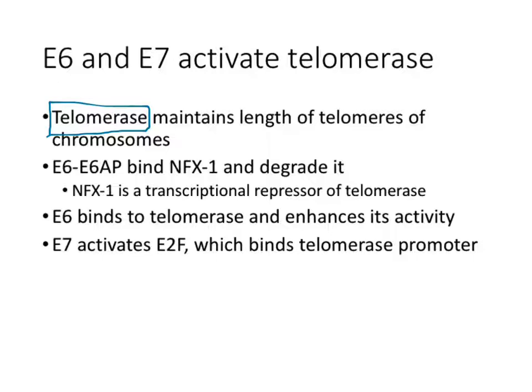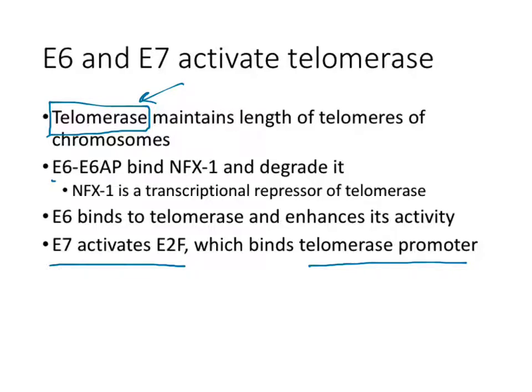And we said that a cell goes through a certain number of replications before these telomeres are so shortened that the cell no longer replicates. Well, to maintain their length, that enzyme's got to be expressed. And E6 and E7 help to control that by, we said that there were two ways. E7's ability to bind to E2F and drive transcription will allow for expression of telomerase.